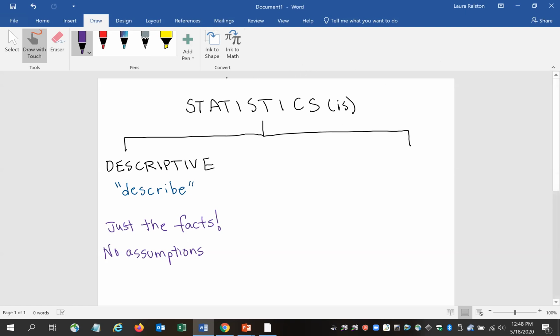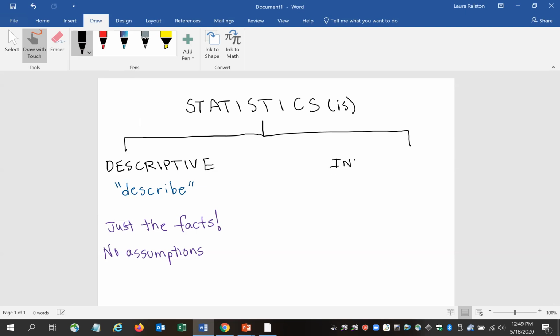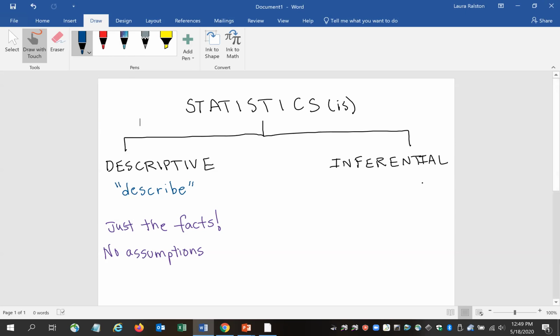The other branch of statistics is called inferential statistics, and I'll go back to the PowerPoint in just a minute. You may not be as familiar with it, but that's also an adjective, and it's an adjective for the verb infer. And infer is a fancy word to mean that we're going to make a generalization.